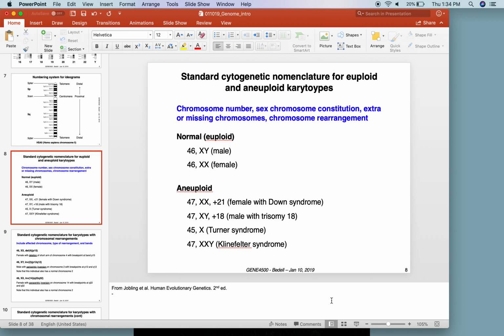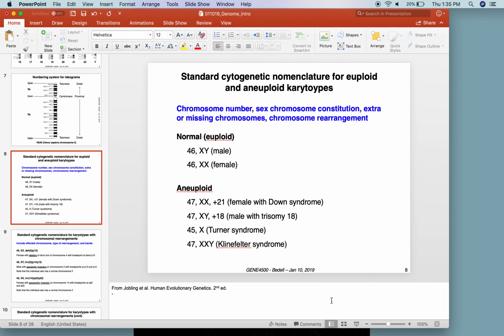So what you have to do if you're following the standard nomenclature is first state the chromosome number, so 46 for the normal, 23 pairs. Then the sex chromosome constitution, you have to designate XY or XX, and then any kind of chromosome rearrangement or aneuploidy.